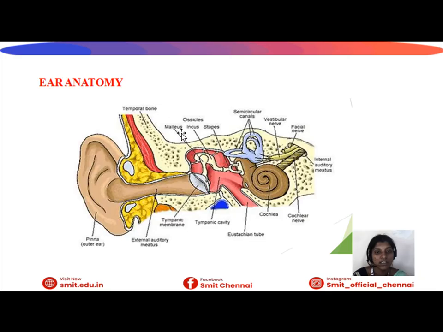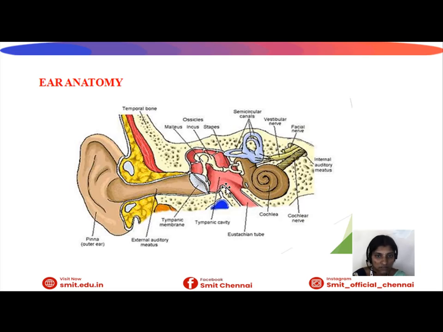Ossicles, it's connected together, so cumulatively it can be told as ossicles. This one is Eustachian tube and semicircular canals and vestibular nerve, and this is facial nerve.